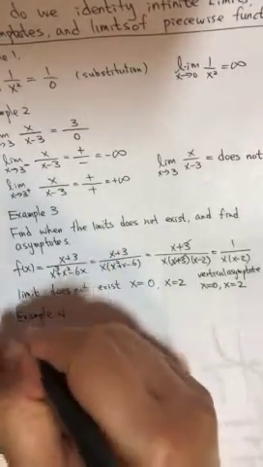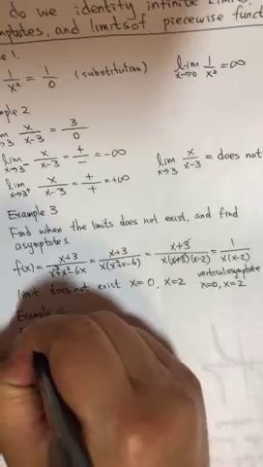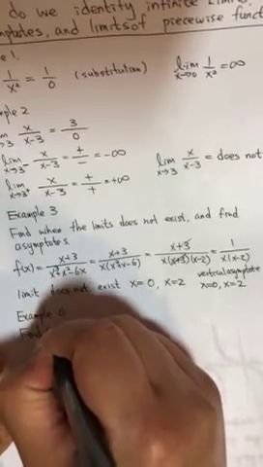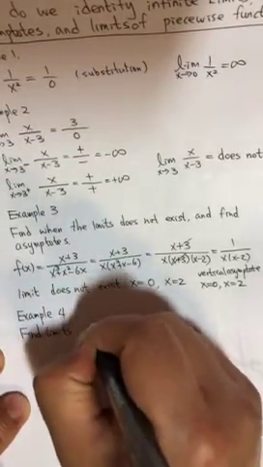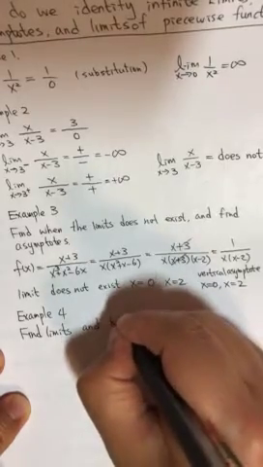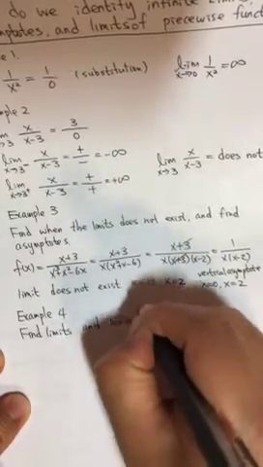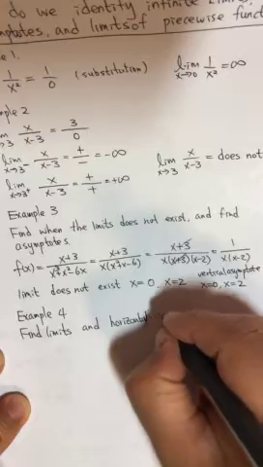Example number 4. Find the limit and horizontal asymptote for this function.